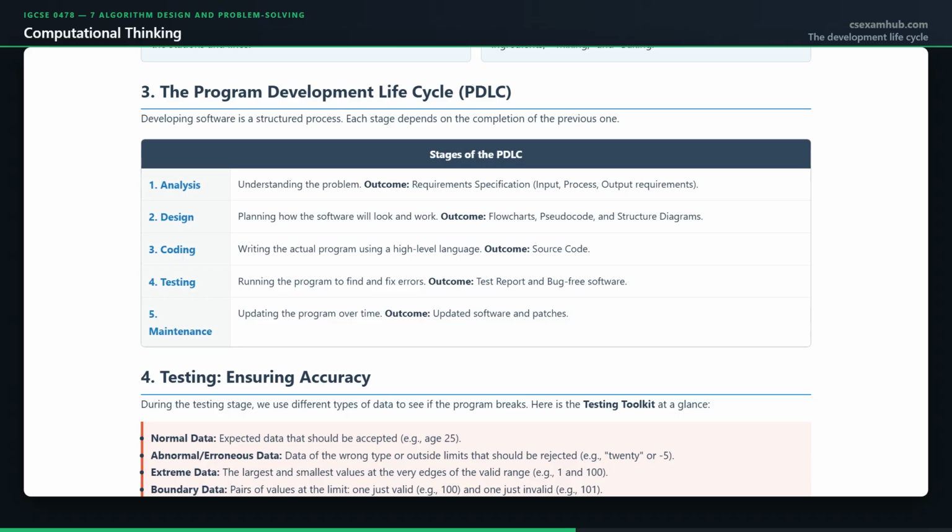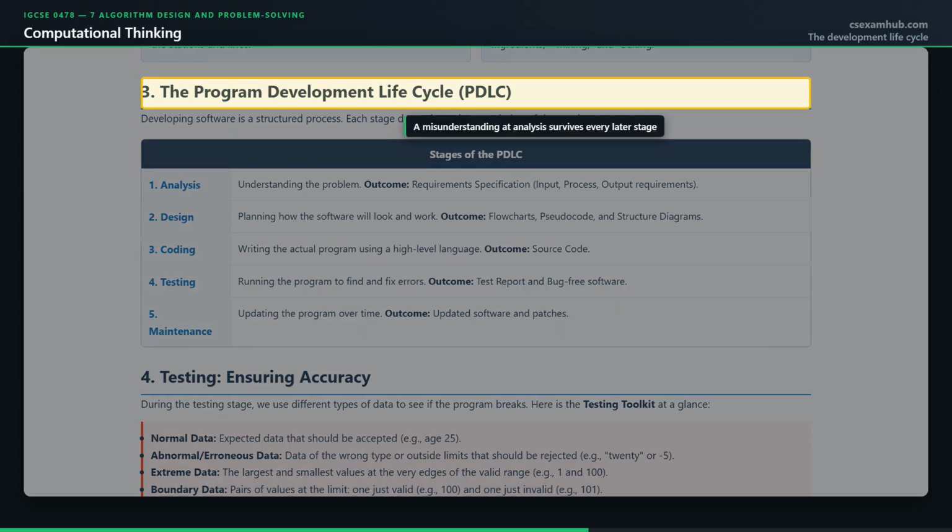Design, planning how the software will work before writing any of it, which is where structure diagrams, flowcharts, and pseudocode belong. Coding, writing the program in a programming language and correcting errors as you go. Testing, checking it works, both during development and once complete. And maintenance, fixing faults found in use and making changes as requirements change.